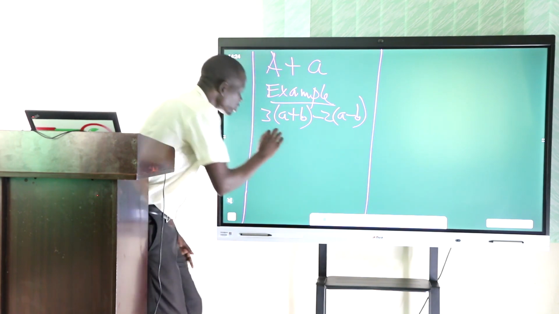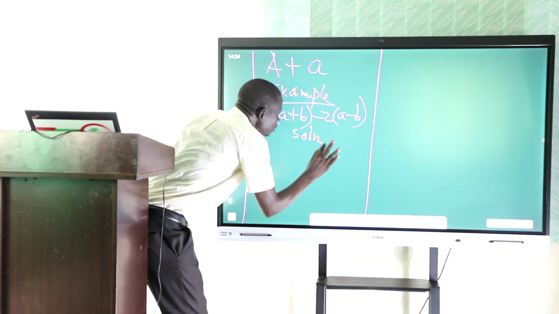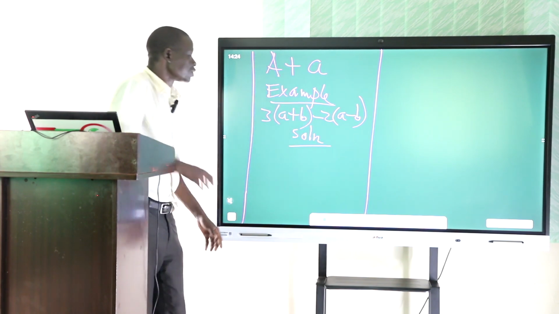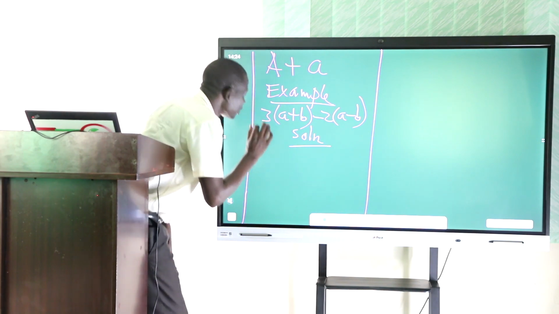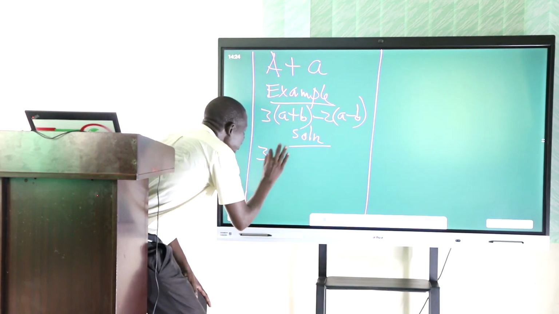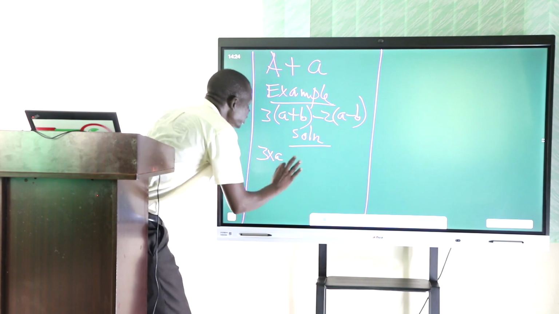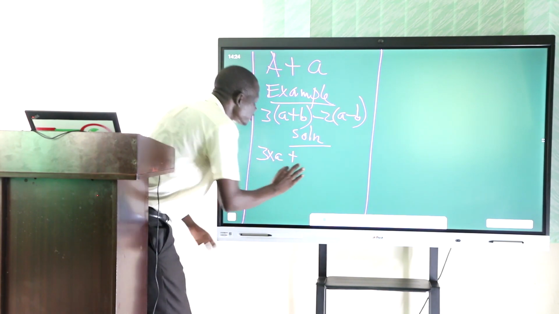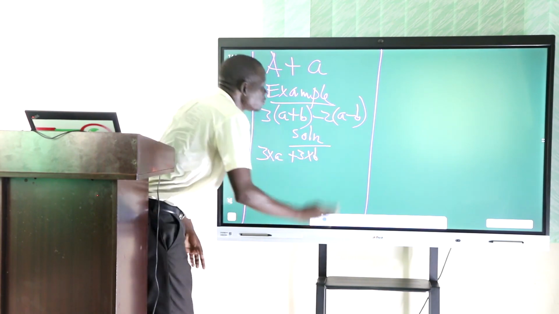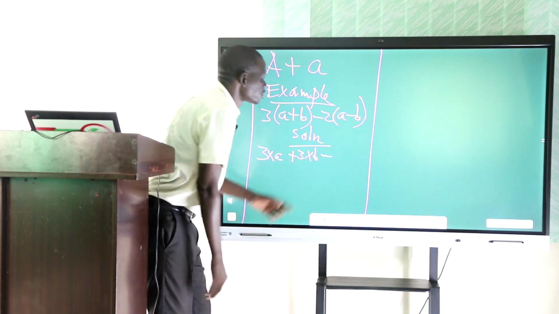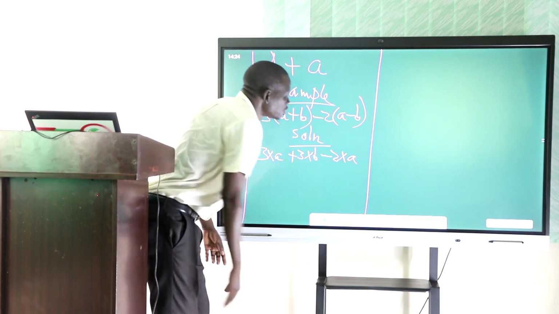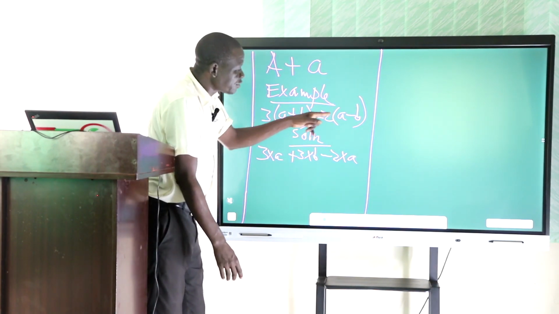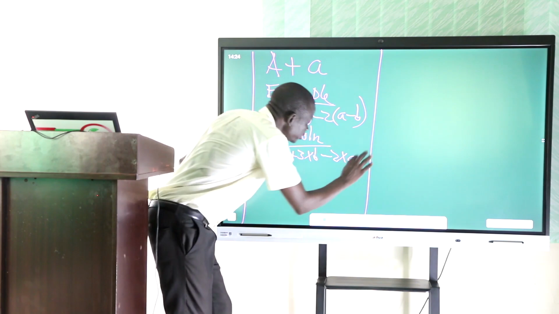So in this case, when we multiply this, we shall have 3 times a, we get 3a. In other words, we shall say 3 times a, then plus 3 times b, then minus 2 times a. Then when you multiply a negative times a negative, we get positive.